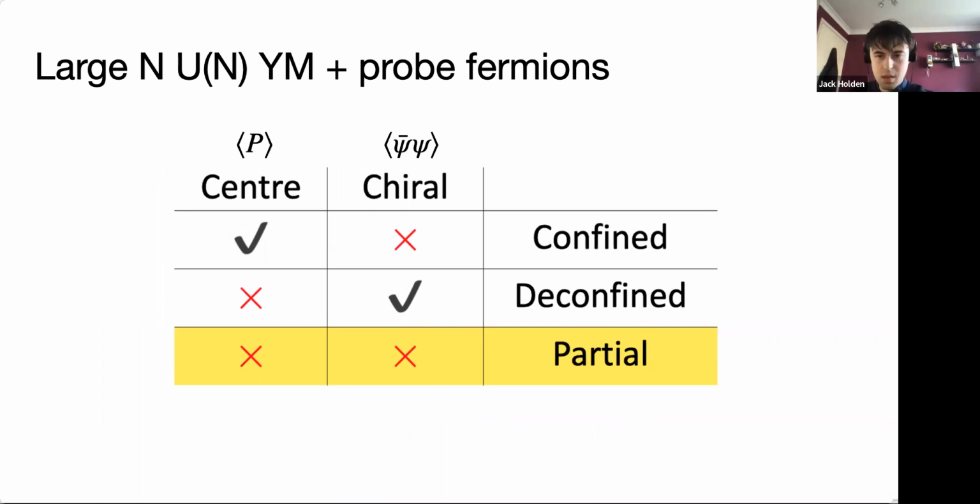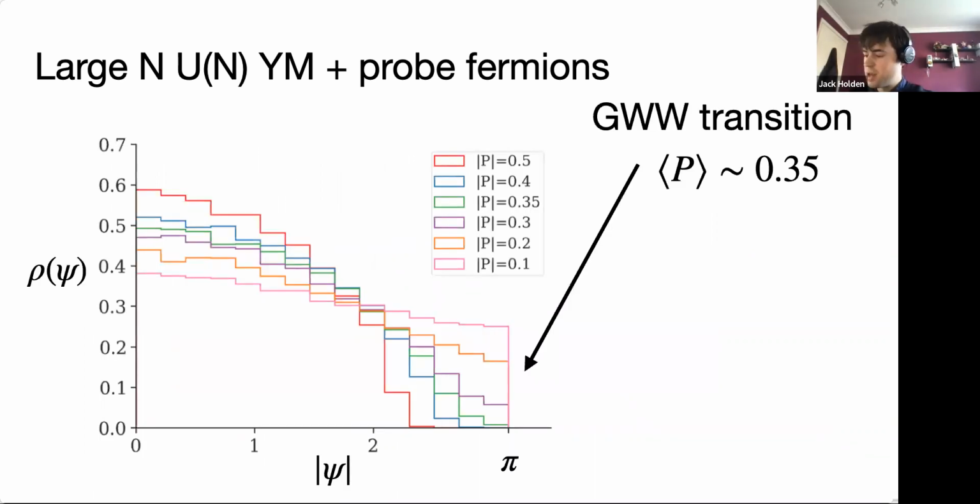And so we do this in practice by plotting the eigenvalue distribution at different values of p, and seeing the distribution which characterizes the Gross-Witten-Wadia transition.